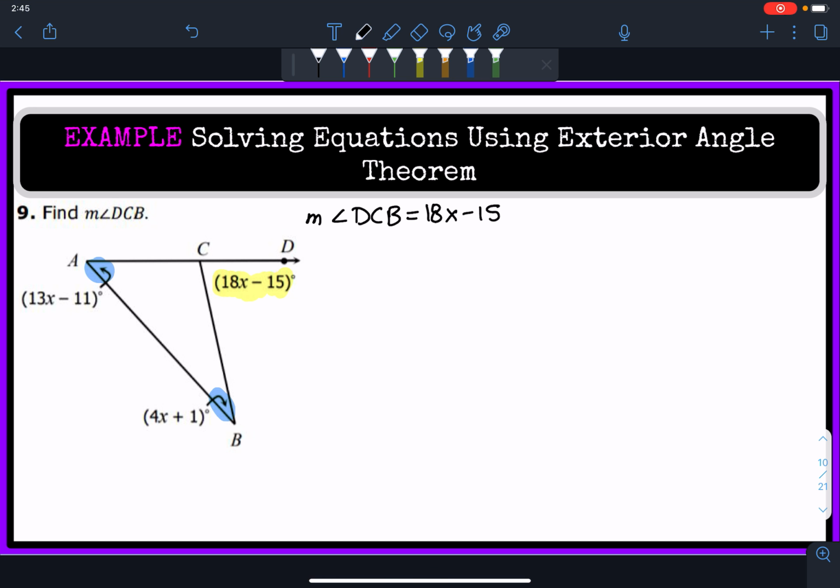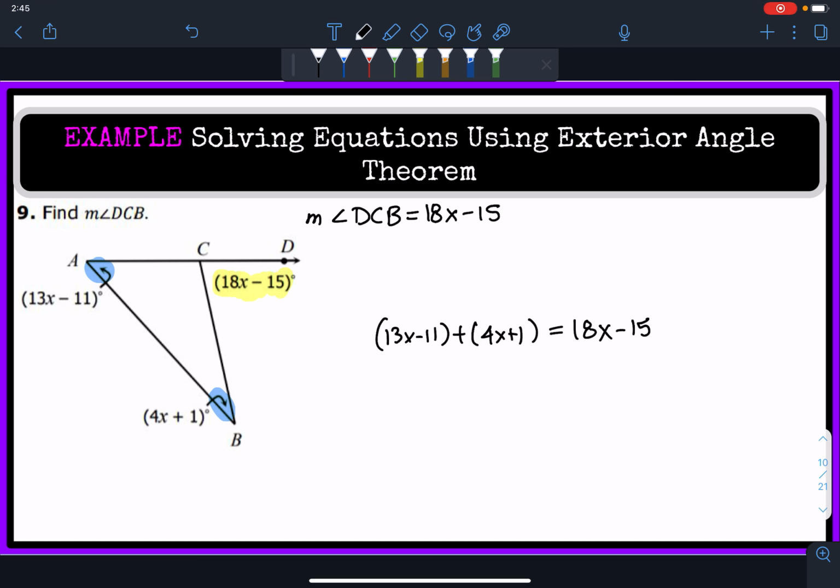So adding the two interior angles is going to equal this outside angle. So I'm going to do this work over here. Adding 13x minus 11 with 4x plus 1 is going to equal the exterior angle of 18x minus 15.